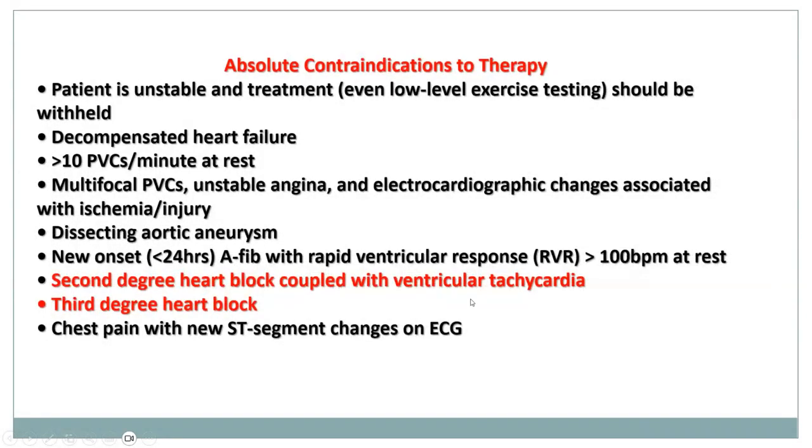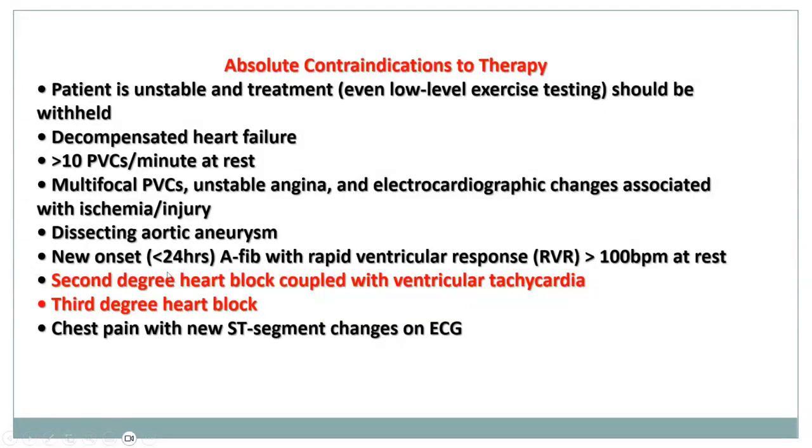In the slides for the lecture which we were explaining, we said the absolute contraindications to exercise include angina, decompensated heart failure, a patient who is unstable, and also chest pain with changes on the ECG.